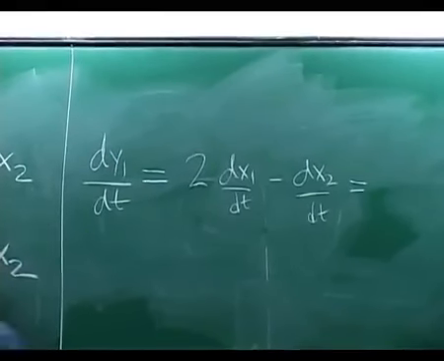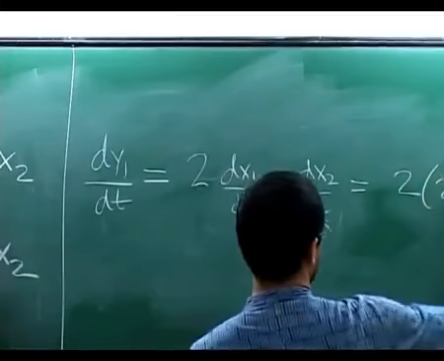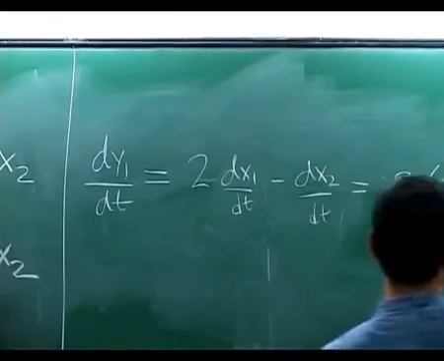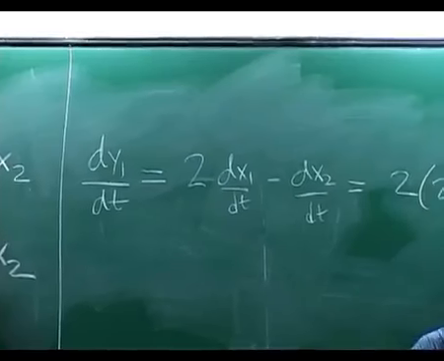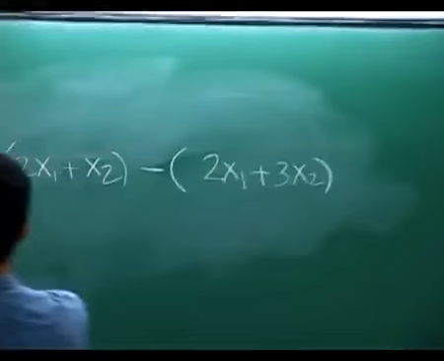So let's plug that in. This is 2 times (2x1 plus x2) minus (2x1 plus 3x2). So what does that become?